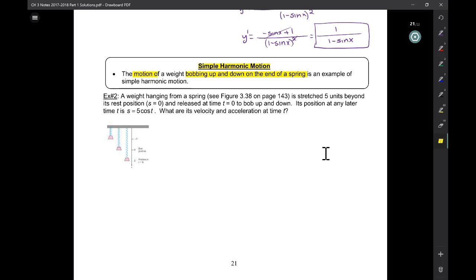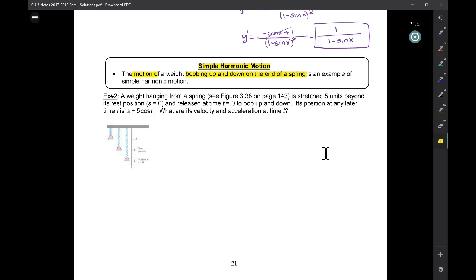Now, if you bring it to equilibrium, make sure it's not moving, and just leave it like that, standing still, that height where it's standing still, we call that what? We call that either the rest position or the equilibrium position.